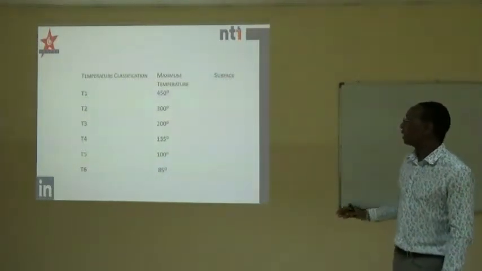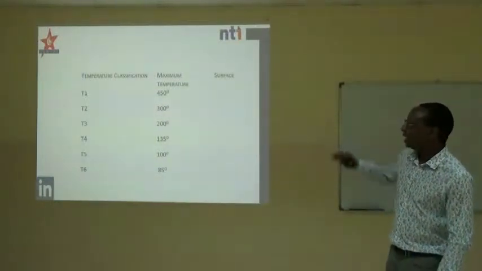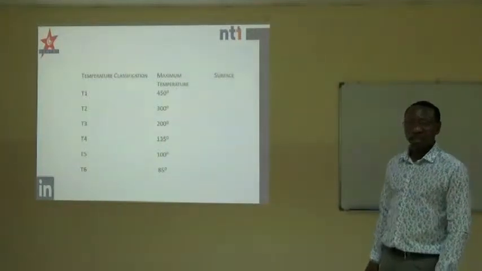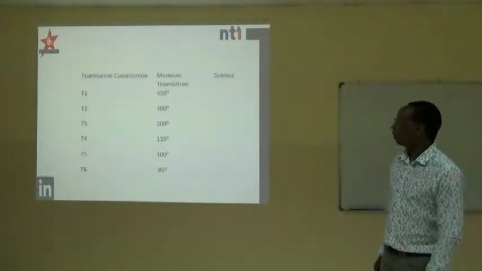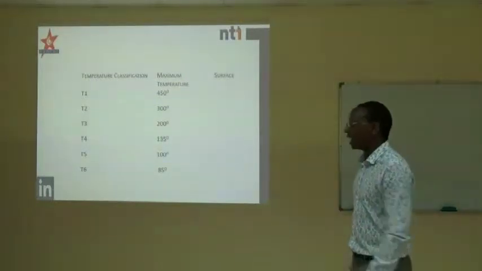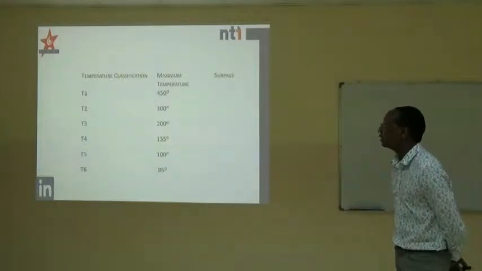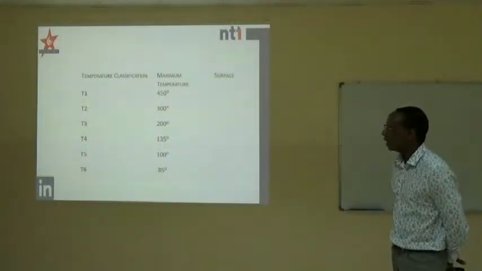If I see an equipment with a T1, this cannot be used in zone 0, for instance, because in zone 0 there are always some vapors ready to ignite. A surface temperature of 450 degrees is a big hazard.